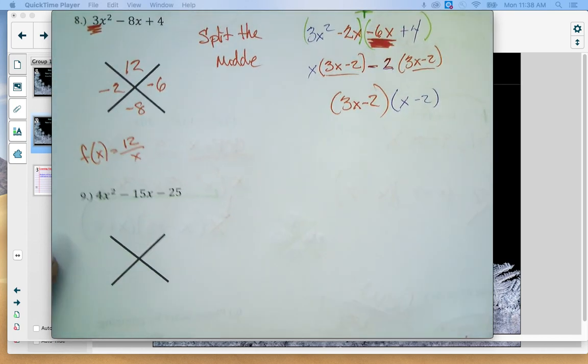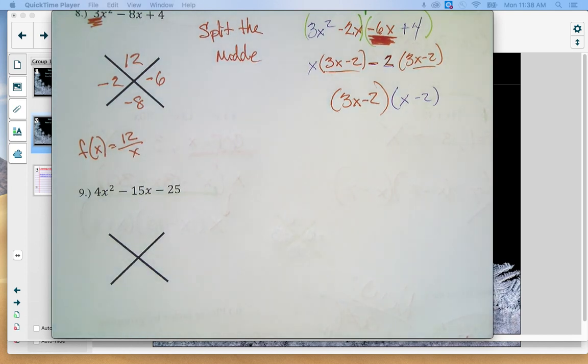I want you to try 9 right now. See how far you can get. Figure out where you're getting stuck. If you're getting stuck with the first step, great, I can help. If you're getting stuck with the second step, start there.